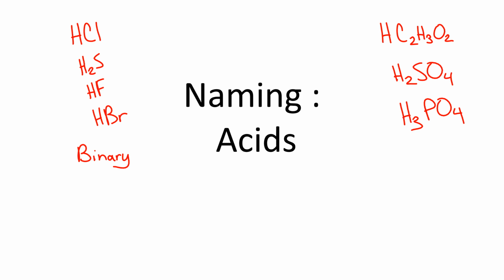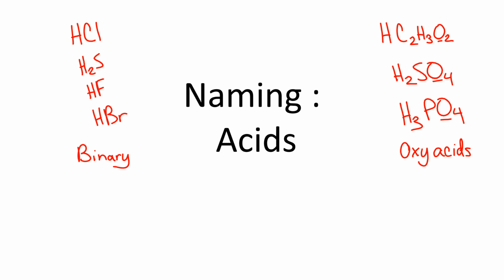Okay, there's more than 2 elements. They're polyatomic ions, and they're polyatomic ions that all contain oxygen. So these can be called tertiary acids or ternary acids, but the name that I'm going to use today is oxy acids. All right, so these are all oxy acids because they contain oxygen.